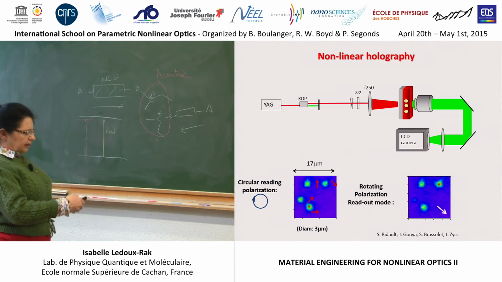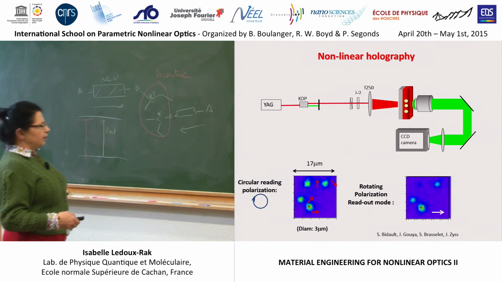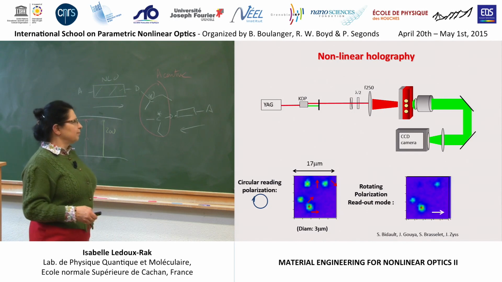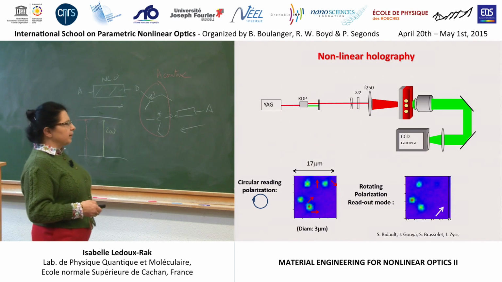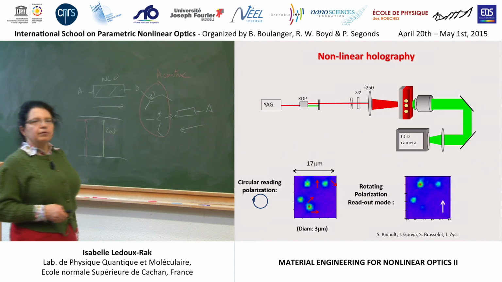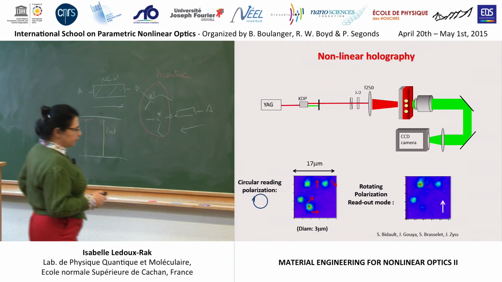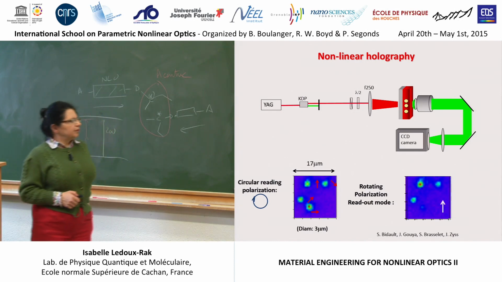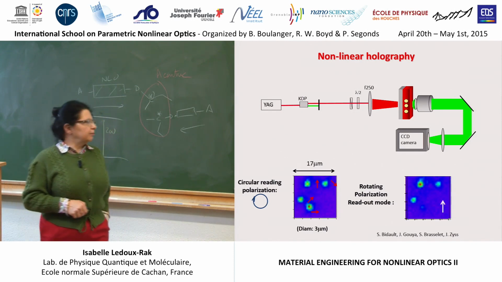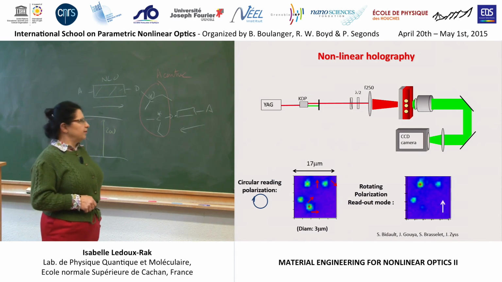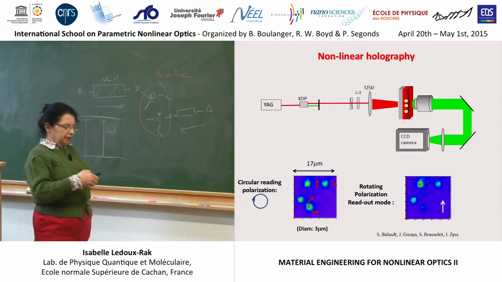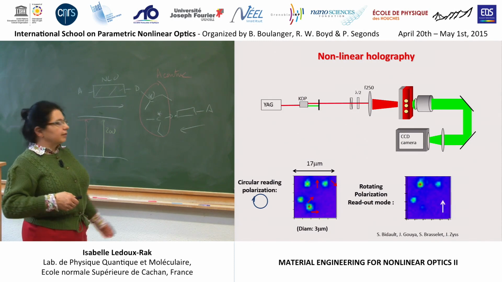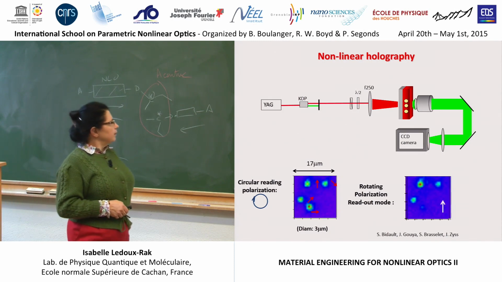By rotating the polarization, you can switch on and switch off the pixels corresponding to the proper polarization. This is a way to make some special encoding of a sample. We can write some information on these thin films, and we have a special way to read them, because it's not so obvious to have a proper reading without second harmonic generation. So it's a way to make some information storage in this system.